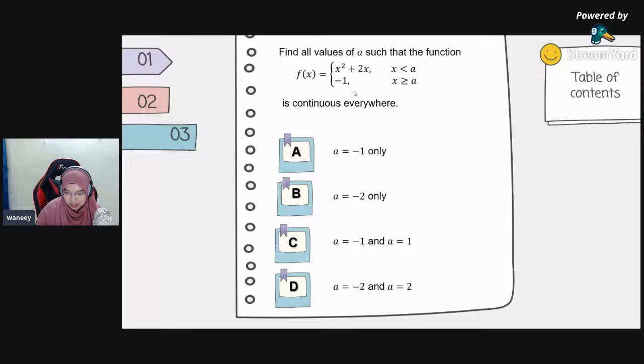Lepas ni kita buat soalan pasir pula. Okay, 50 already voted. 60. Go.